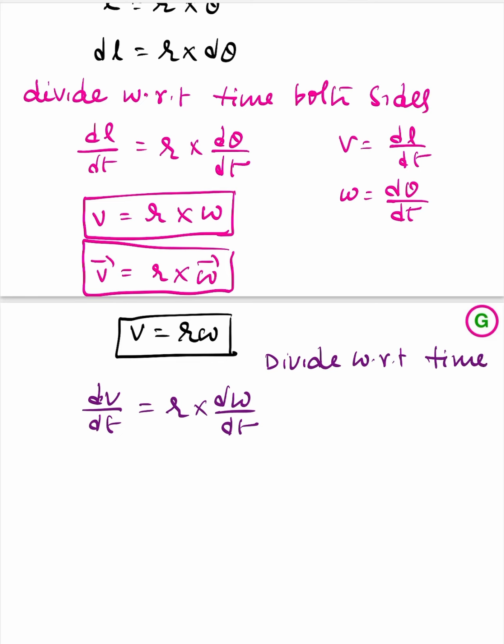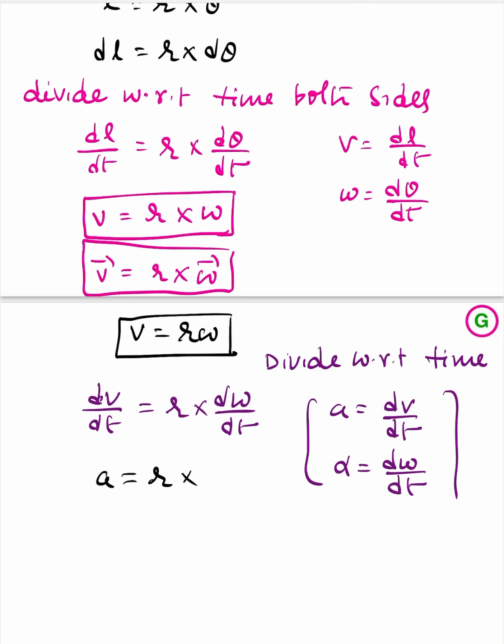You know that linear acceleration a equals dv by dt, and angular acceleration alpha is nothing but d omega by dt. Therefore dv by dt is nothing but a, and R into d omega by dt is nothing but alpha.